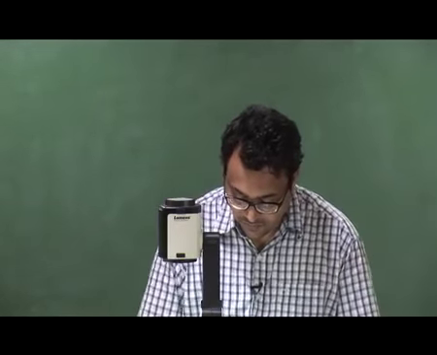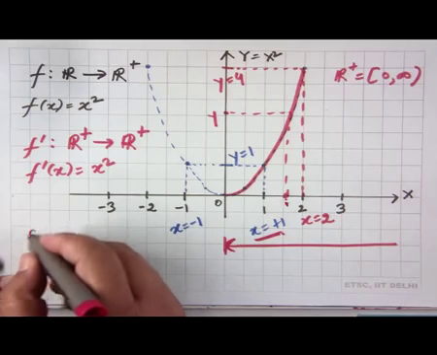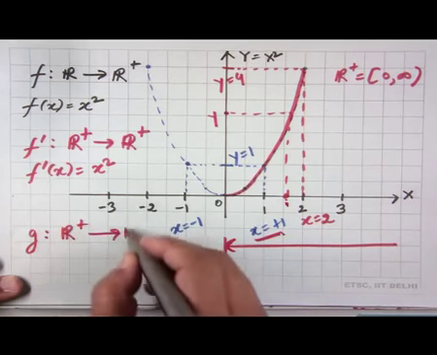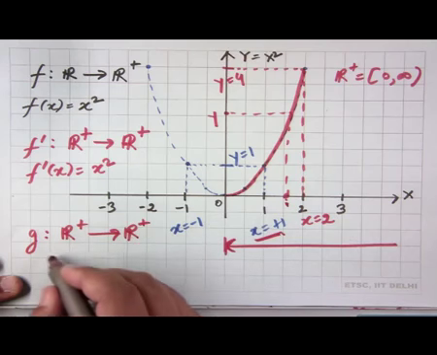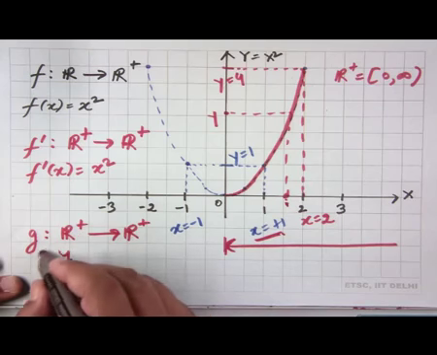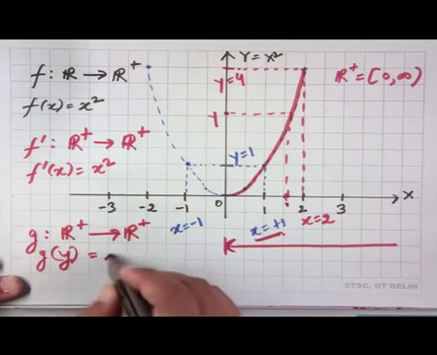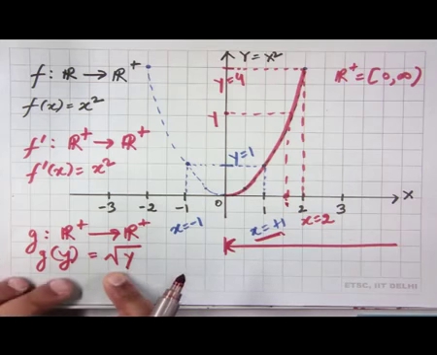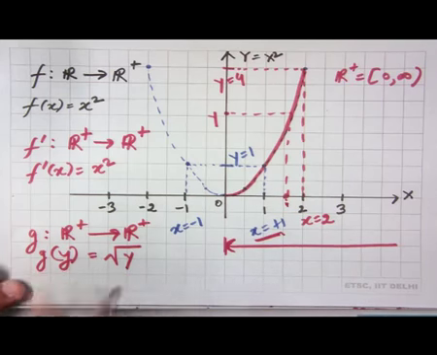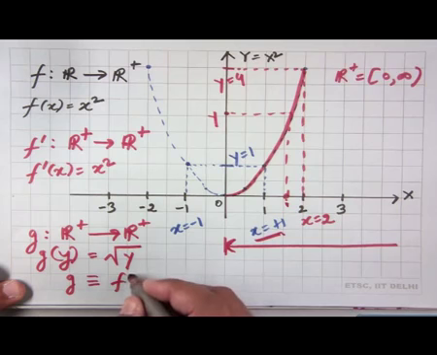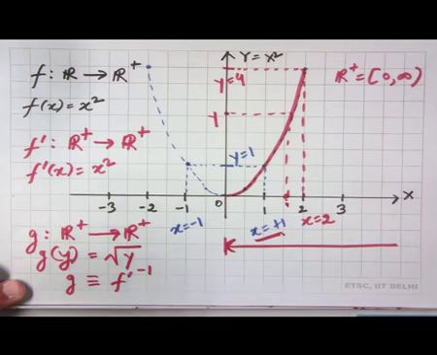For this f prime function, the inverse will be, let us say g, which is from R plus to R plus, and for any y belonging to R plus, g of y will be equal to the square root of y, where this is the positive square root of y. So, this is how we define g. Many times g is written as f prime inverse.